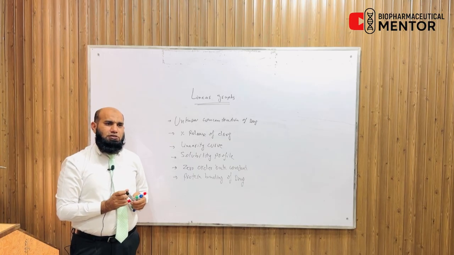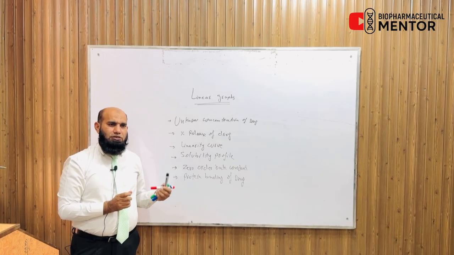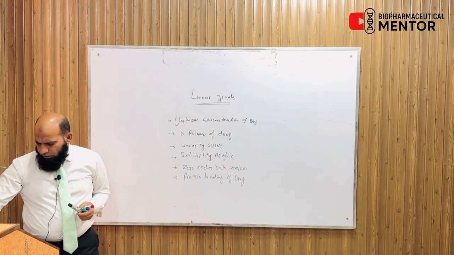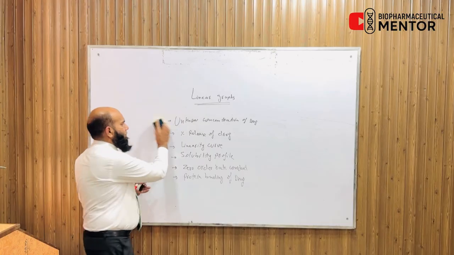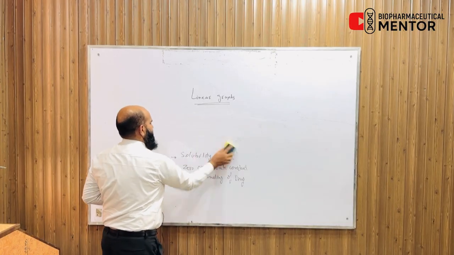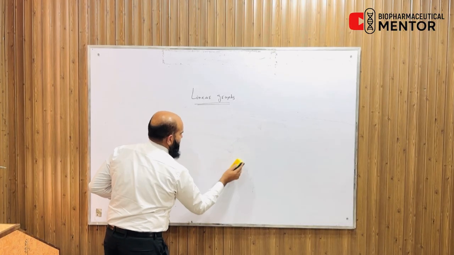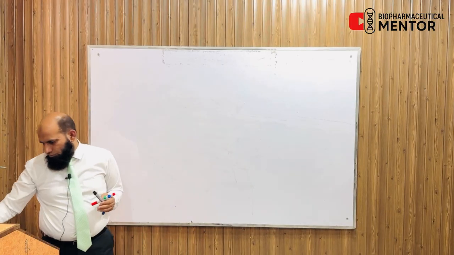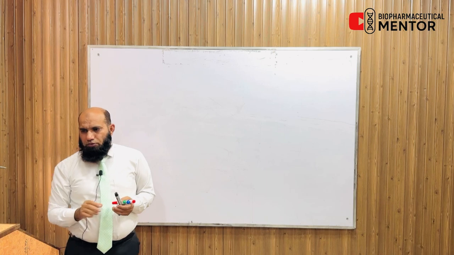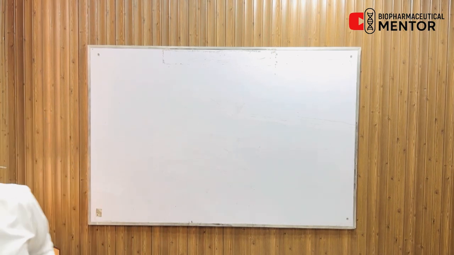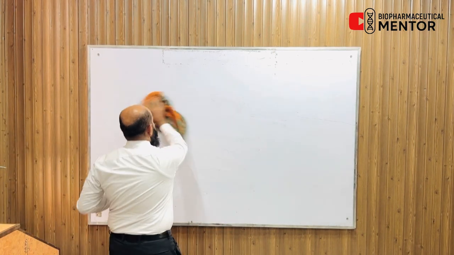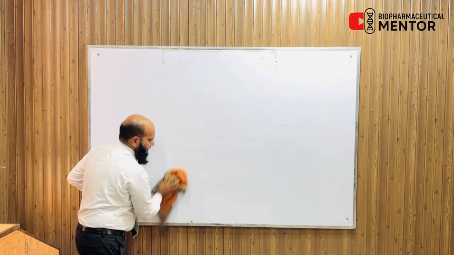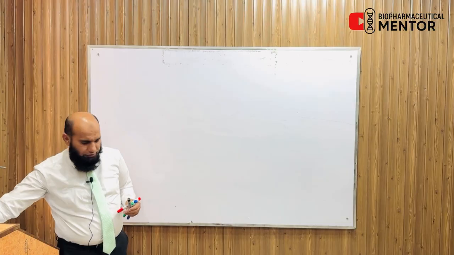Today's class is how to construct this rectilinear graph, and for the sake of construction of this graph, we have data. First of all, in case of a rectilinear graph, we have two axes.